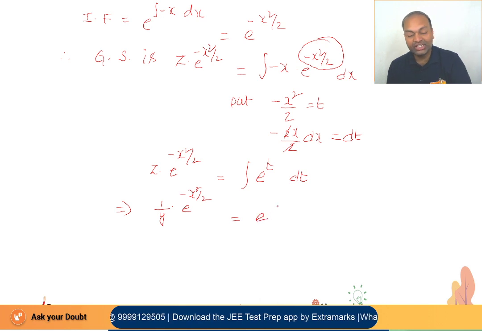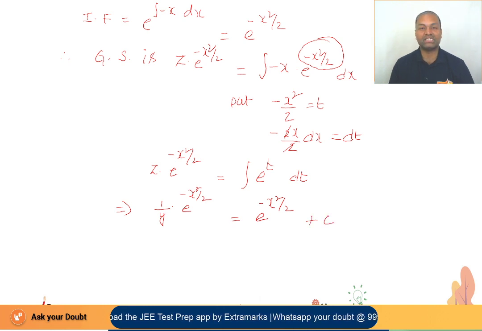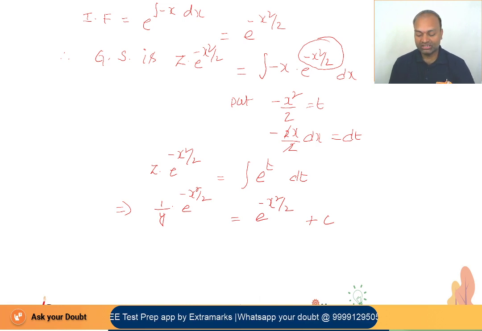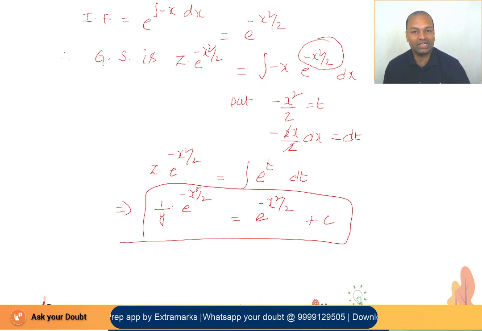The e power t value also I am writing. t is what? Minus x square by 2. Correct or not? Plus some constant c. After integration, write some constant. This is the general solution of the given Bernoulli's equation.